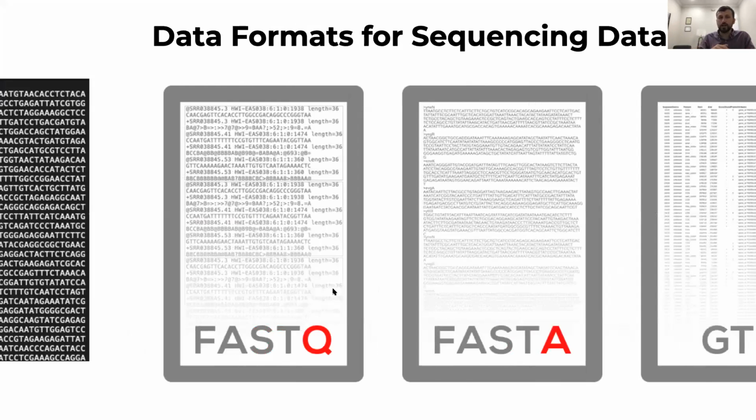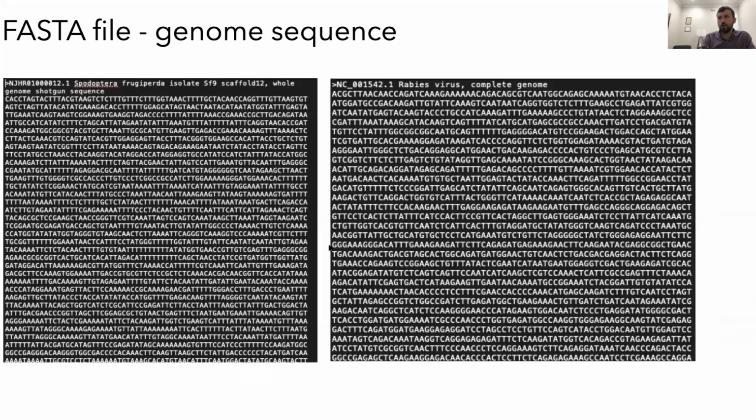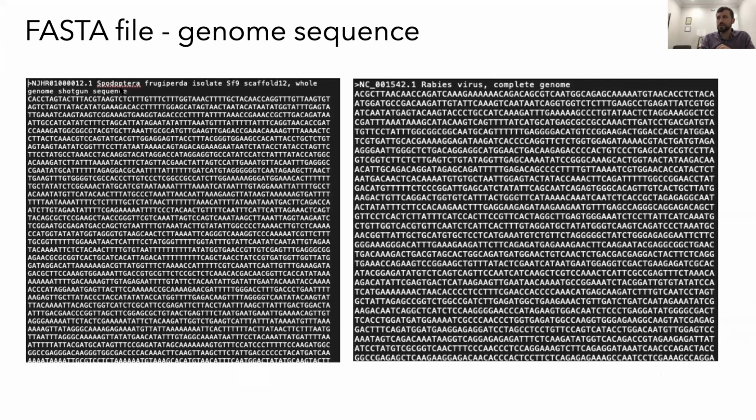What do the formats look like? Here's an example of a FASTA file. You can see that the FASTA file typically contains the name of whatever that file is about. So this is a Spodoptera frugiperda isolate, Sf9, scaffold 12. The scaffold is like a piece of the full genome, from whole genome shotgun sequencing.